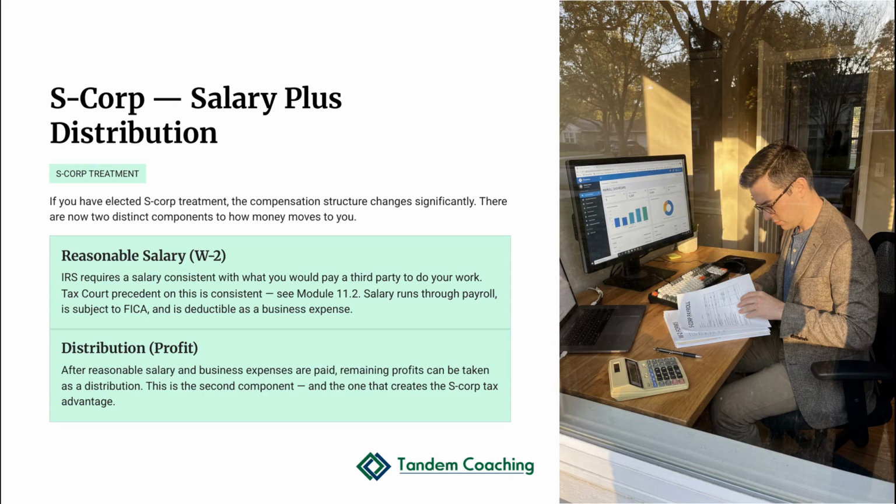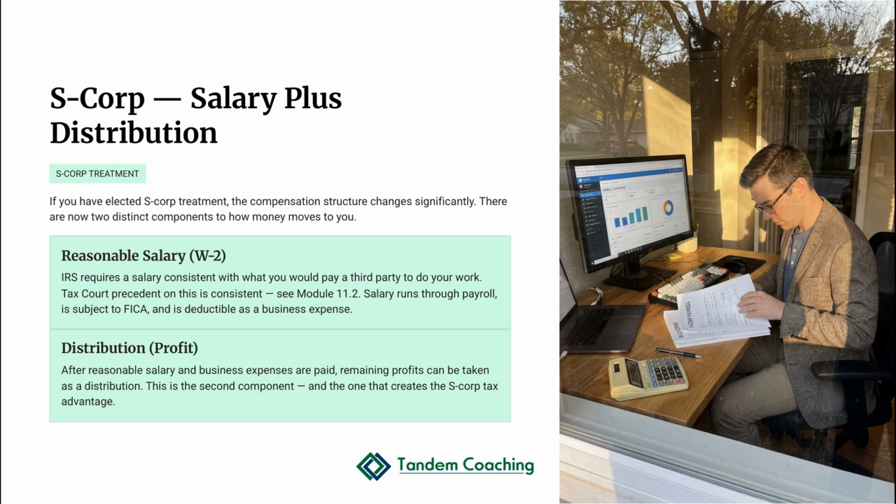If you've elected S-Corp treatment, the compensation structure changes in a structural way, and the change is what creates the S-Corp tax benefit. The IRS requires you to pay yourself a reasonable salary through payroll, W-2 wages, subject to FICA on both the employee and the employer side, deductible to the S-Corp as a business expense.